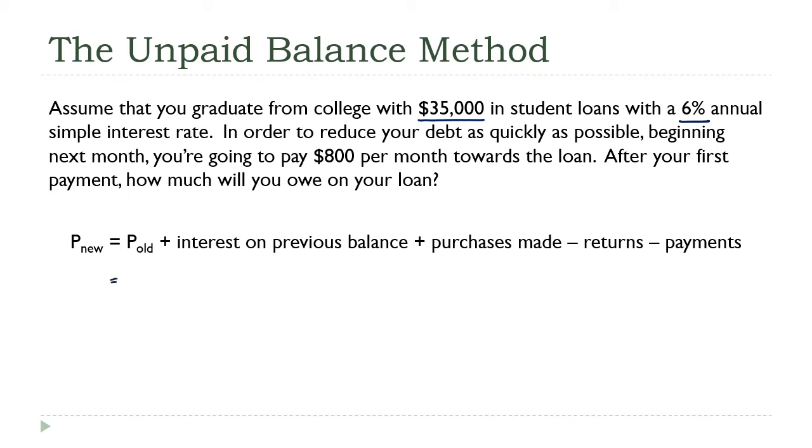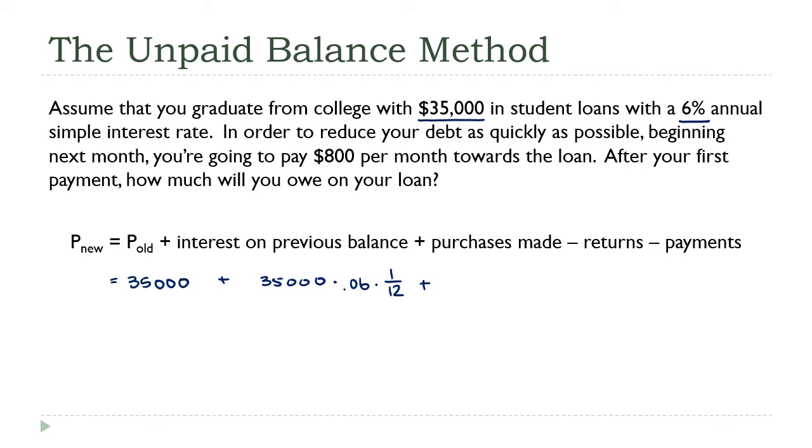The initial balance at the beginning of the month is $35,000 plus interest. That's principal times rate times time. So that's $35,000 times your interest rate, 0.06, times, and we weren't given a month here, so I'm going to do this monthly and call this 1/12.